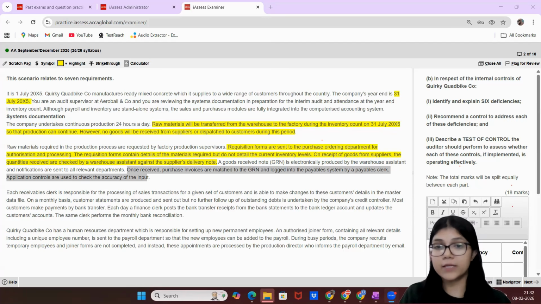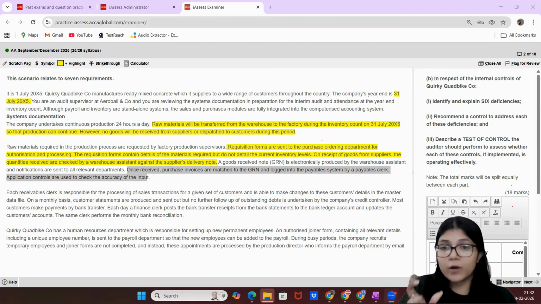What about the completeness? If they're only checking the amount, if they're not checking the number of transactions, number of invoices, what if they miss any invoice? It is not complete. So that is the issue for me over here. Nikita, well done on this one.